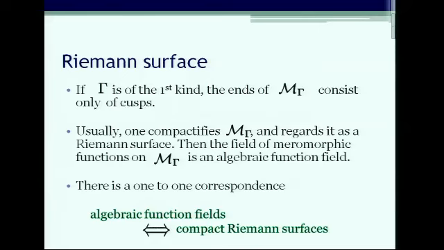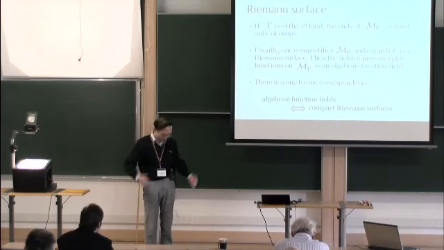Now, suppose you are given a Fuchsian group of the first kind. Then the fundamental domain has a finite number of cusps, and usually you compactify this domain and regard it as a Riemann surface. So you now have a compact Riemann surface.